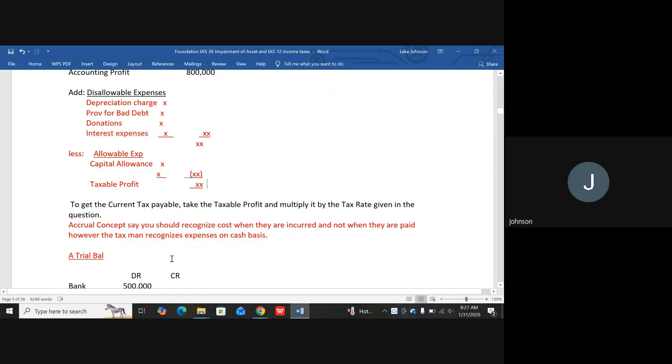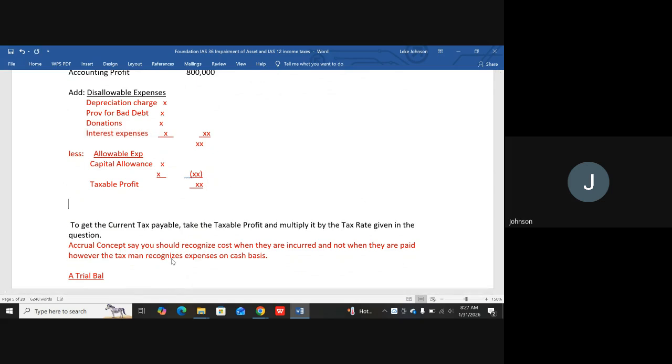Current tax equals taxable profit multiplied by the tax rate. This is how you get your current tax for the period.